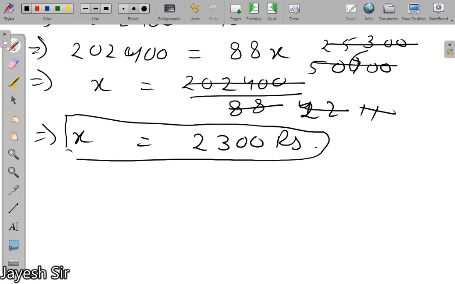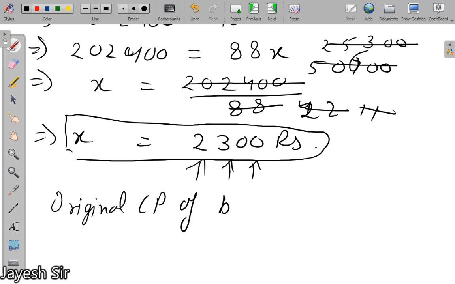Now let us move to the second part of the question. The question is saying, if he wishes to make a gain of 12%, what should be its selling price? This was the original cost price of the bicycle, 2300 rupees.